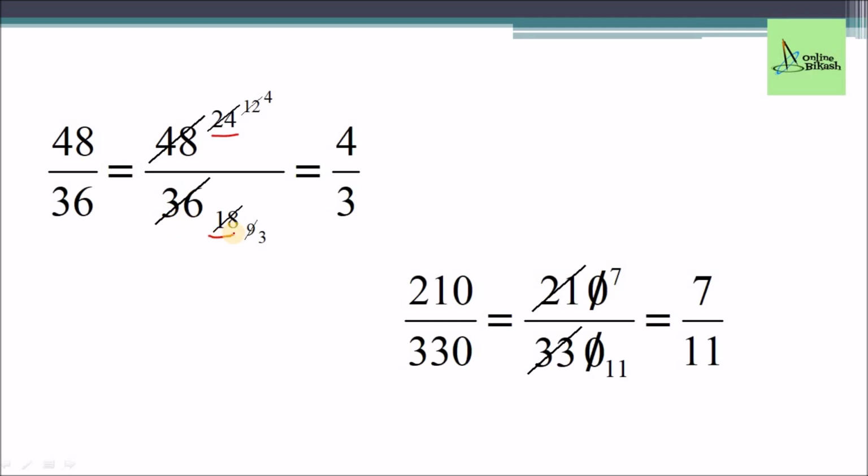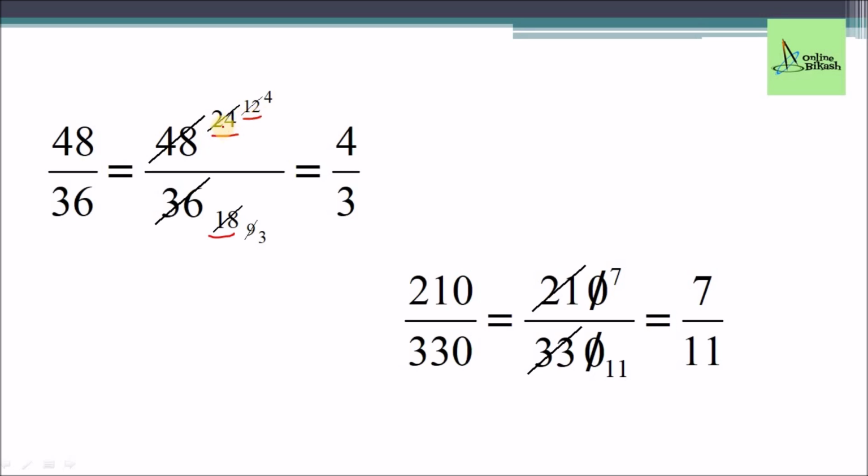But remember, 24 and 18 can also be divided by 2 again, so we have to divide it again. We have to stop when we will not be able to divide them or cancel them, only then we stop. But here 24 and 18 can be divided by 2, yes or no? If you divide it by 2, this 24 will change to 12.